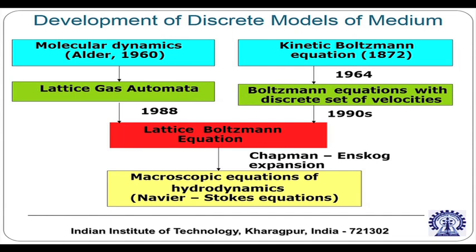So with this little bit of background, we will enter into a more serious note, that is development of discrete models of medium. In 1872 Boltzmann first described a transport equation which is known as the kinetic Boltzmann equation, but this equation is based on a probability distribution and it is a complex integro-differential equation.